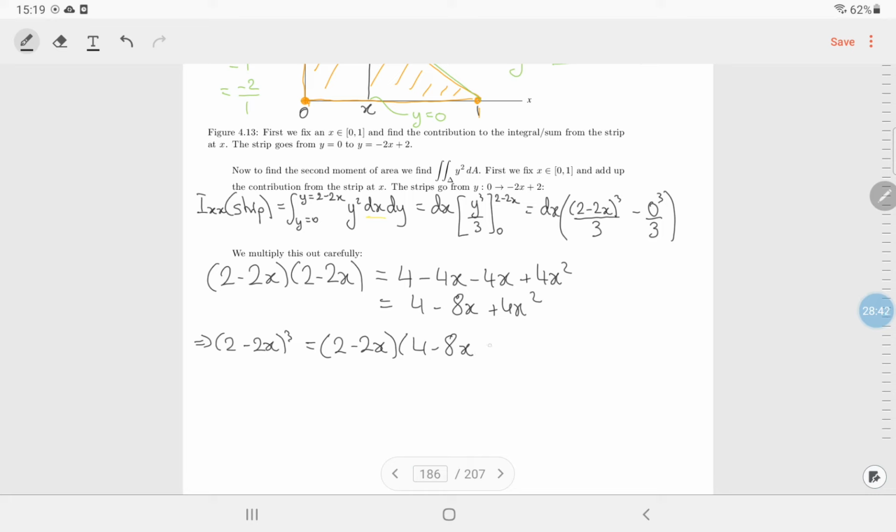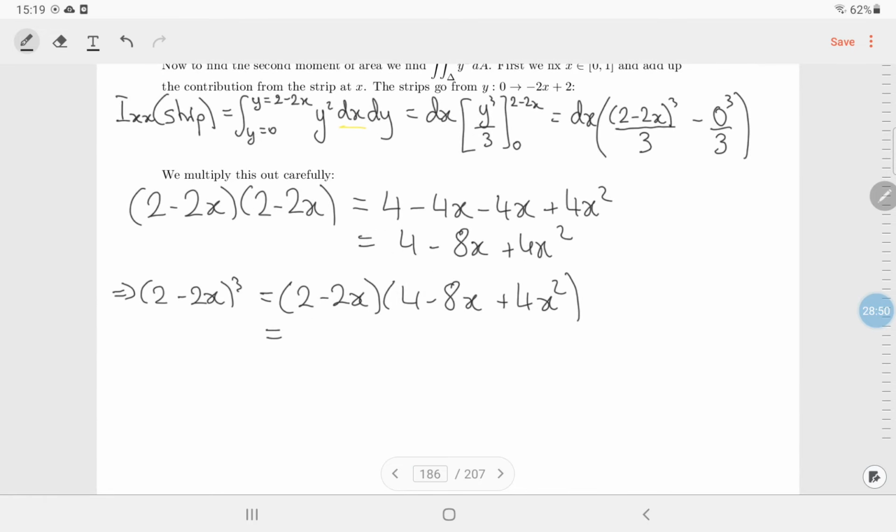And you can see it would have been slightly easier if we took out the common factor of 2 cubed. So we get here 2 by 4, which is 8, 2 by minus 8x, which is minus 16x, 2 by 4x squared, which is 8x squared, minus 2x by 4, which is minus 8x, minus 2x by minus 8x, the minus 2 by minus 8 gives us plus 16, and the x by x gives us x squared.